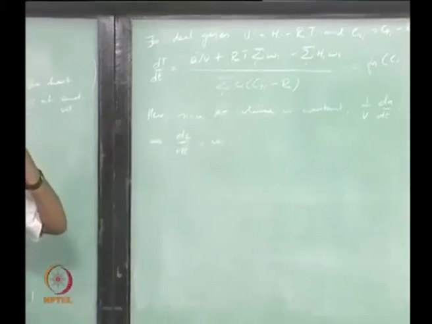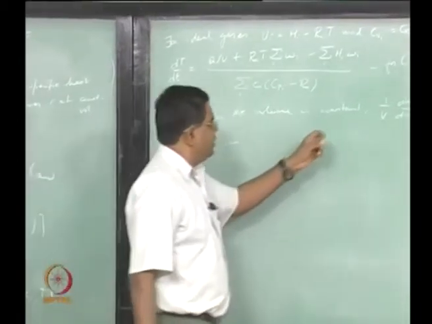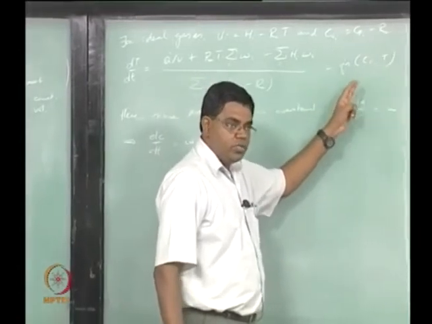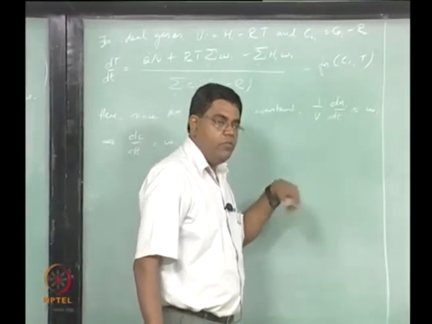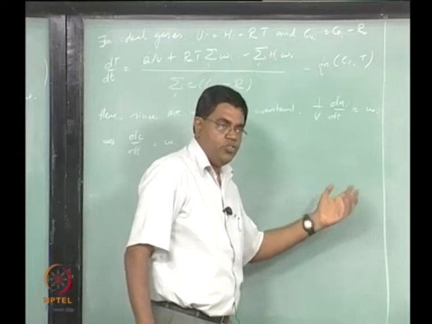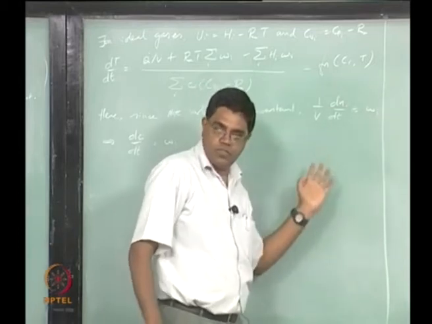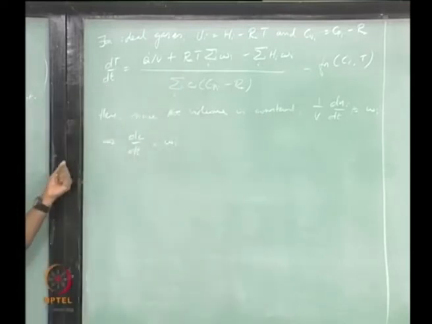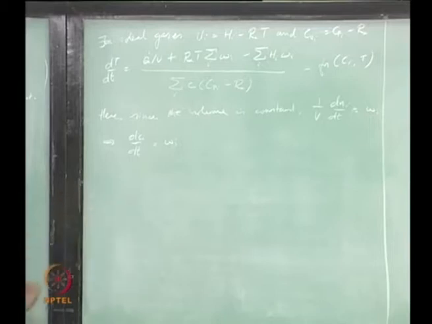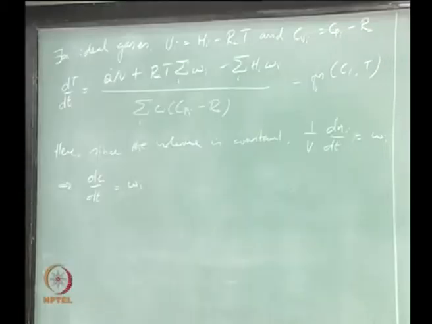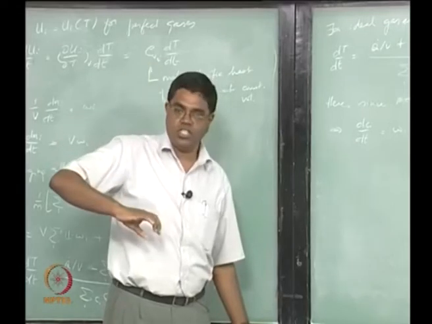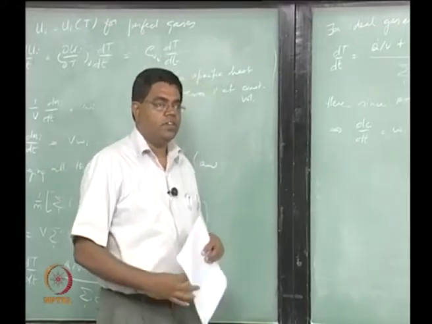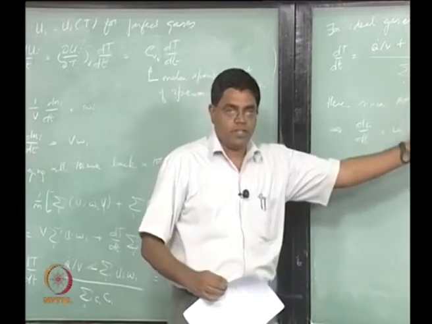Previously we had to notice that N_i divided by V is equal to C_i, and V will change with time. So we had two terms contributing to the rate of change of concentration. One because of the chemical reactions, the other because the pressure was constant, the volume was changing, and since the volume was changing the concentration was changing. But since the volume here is constant, we do not have to worry about that effect.